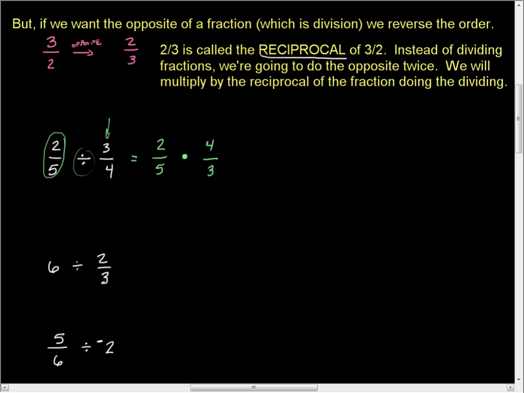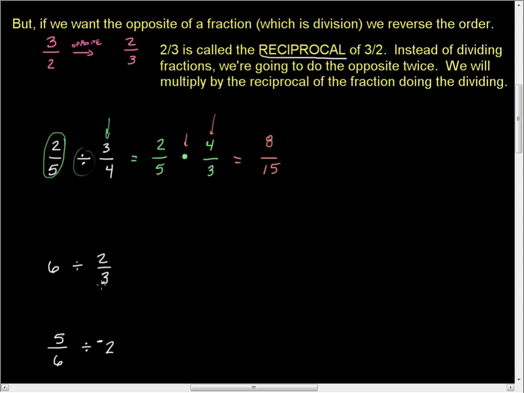So you are inverting the operation, and you are inverting the fraction, and so the effect is nothing. You are inverting the inverse, so you get back to where you belong. But this makes it easier because now we can go ahead and multiply. So 2 times 4 is 8, 5 times 3 is 15, and then we check to reduce.